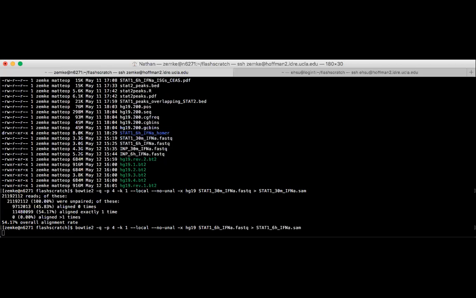Okay, so tomorrow I'll give you a command to get the SAM files if you weren't able to do the alignments yourselves.